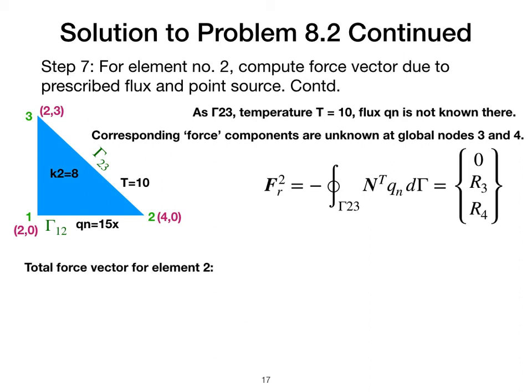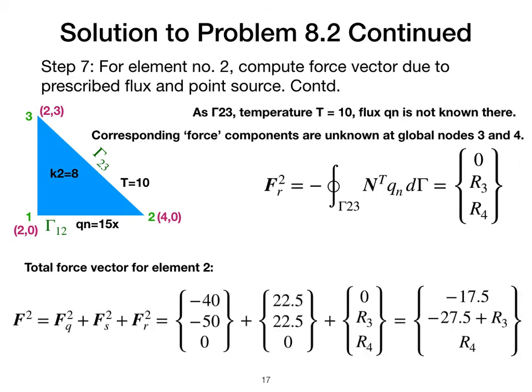So the total force vector for element number 2 will be given by F2 equal to F2Q plus F2S plus F2R. We add them together, that we have calculated already, and we get a vector containing minus 17.5, minus 27.5 plus R3 and R4 as members.